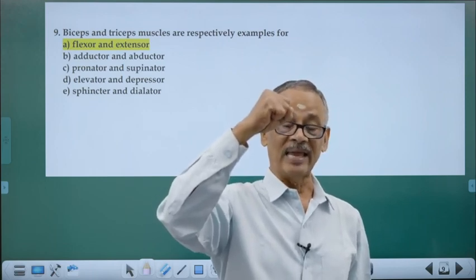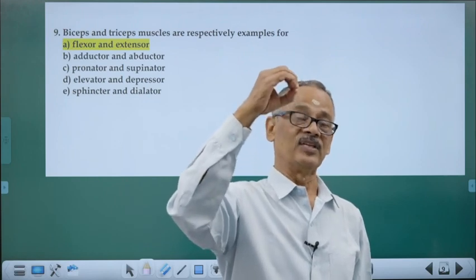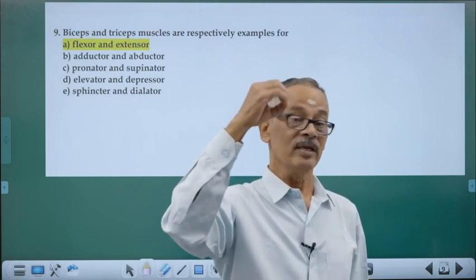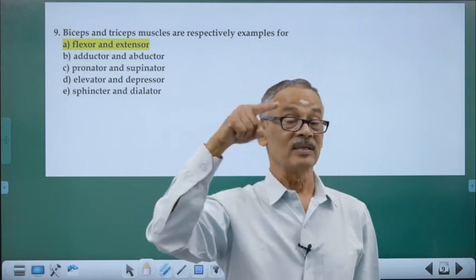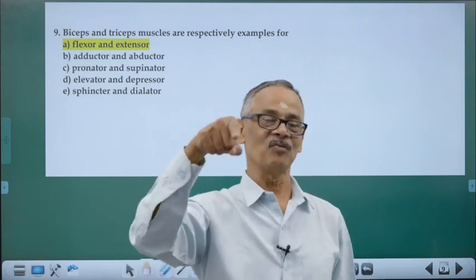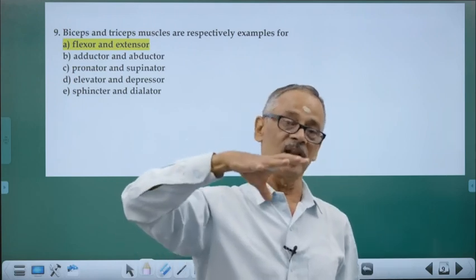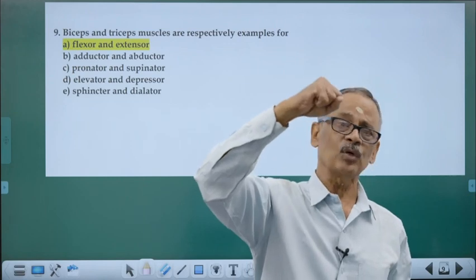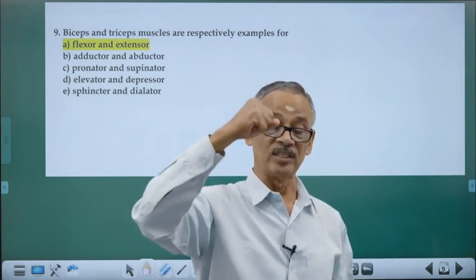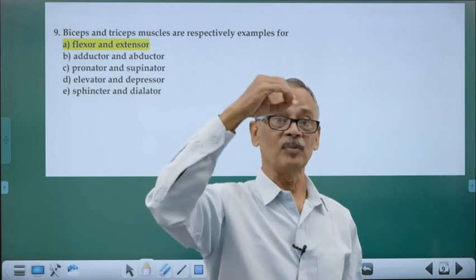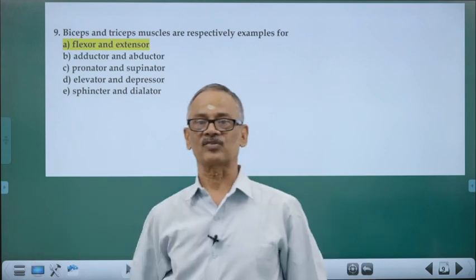And when the dilator muscles contract, they will be increasing the diameter. Okay. Similar is the condition in the iris. But this is not a skeletal muscle. It is an involuntary muscle. We are having the circular muscles, radial muscles, which are all contracting so that the opening will be reduced. That is called sphincter. Okay. The opposite muscles, which are usually radial muscles, are the dilator muscles.